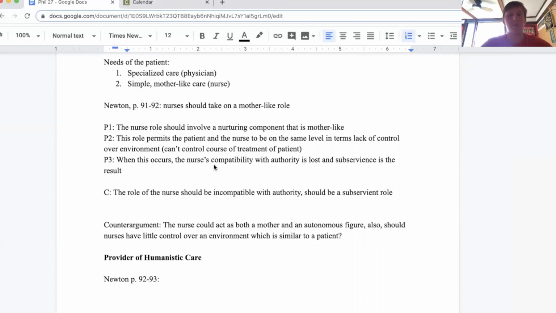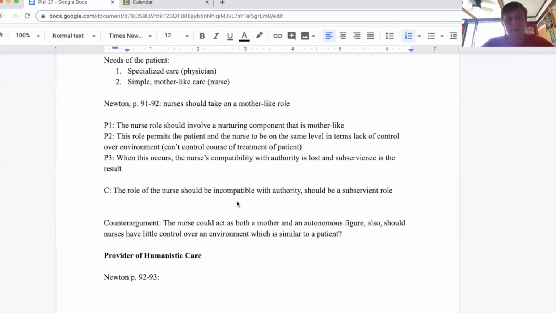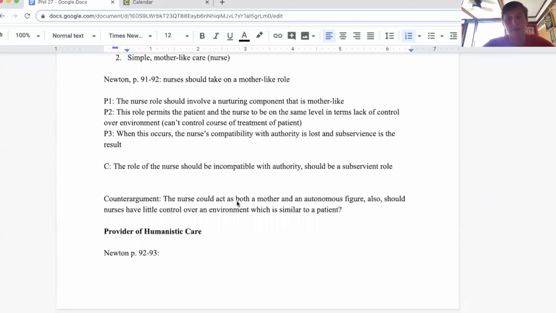So in that way, the patient and the nurse are on the same level in terms of lack of control. And when this occurs, the nurse's compatibility with authority is lost and subservience is the result. Therefore, the role of the nurse should be incompatible with authority and should serve a subservient role.